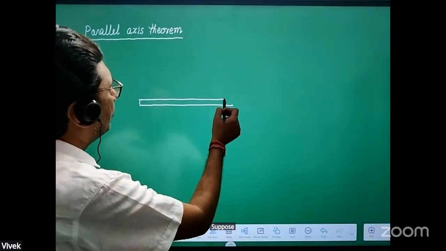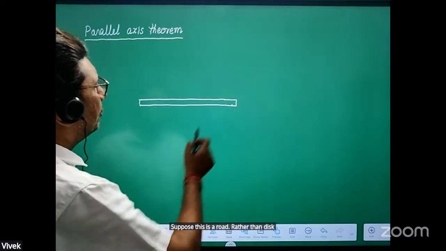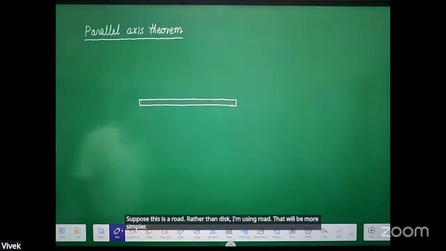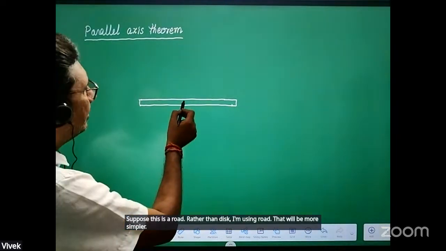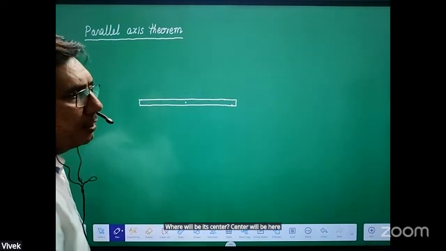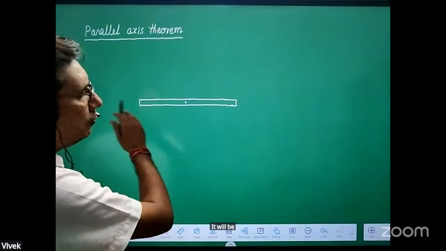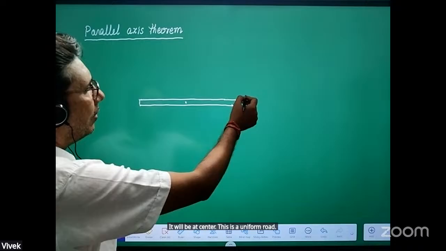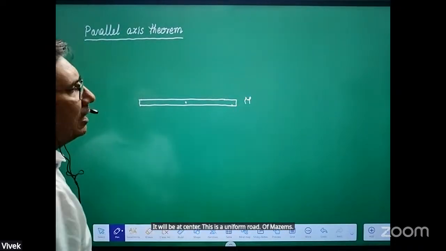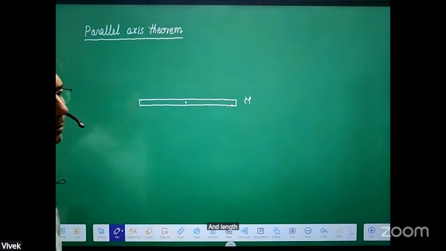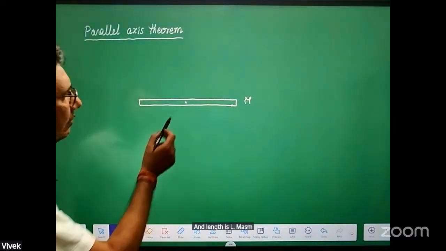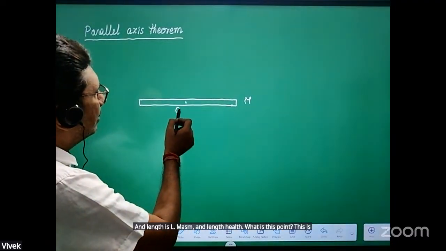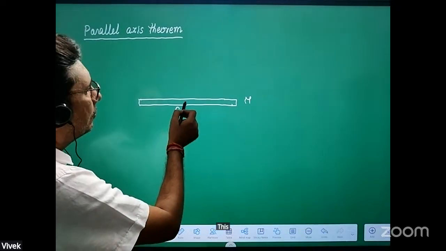Suppose this is a rod. Where will its center be? The center of mass will be here, at the center. This is a uniform rod of mass m and length L. This point is the center of mass of the rod.